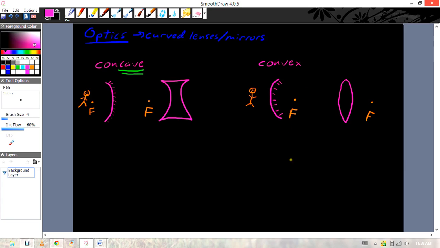It's not a complex process. It's a very simple process to determine where the focus is. What's very important is I'm assuming light is coming from the left hand side, for all of these.